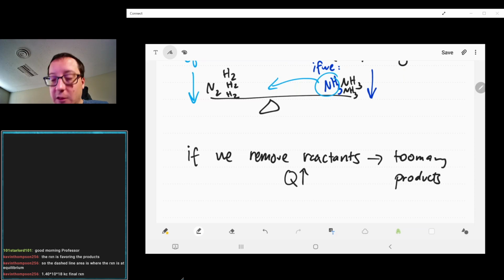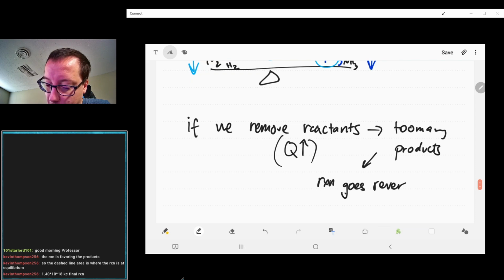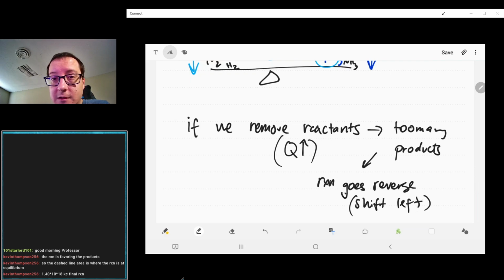Either way, you want to look at that. If you have too many products, then the reaction goes in reverse, or it will shift left. So adding products will shift it left, or removing reactants will shift it left. Either way, you're doing the same thing to it.